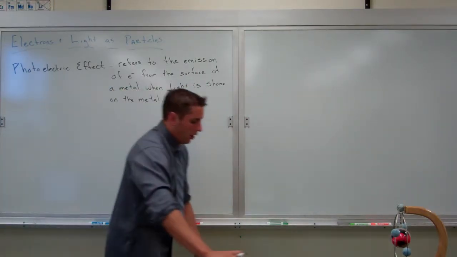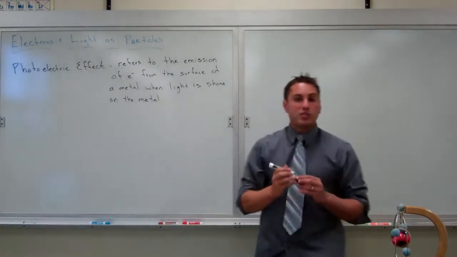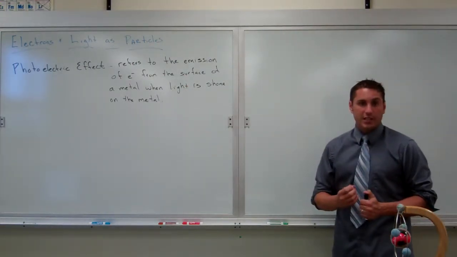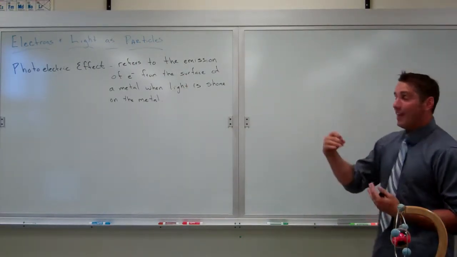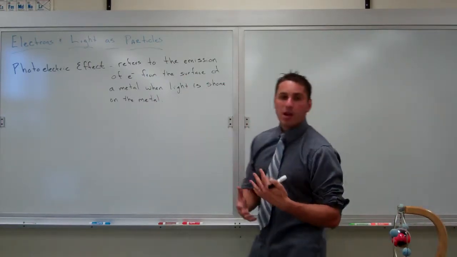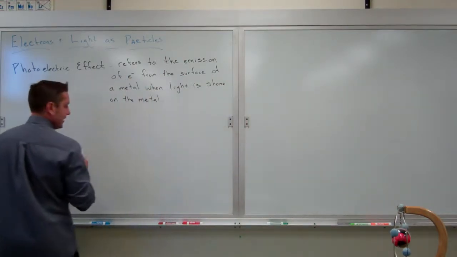Believe it or not, this is one of those discoveries that was actually being conducted to prove that light was not a particle. The idea behind the experiment that is the photoelectric effect is this.